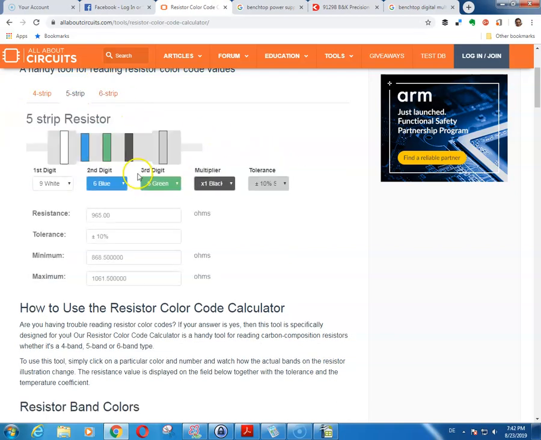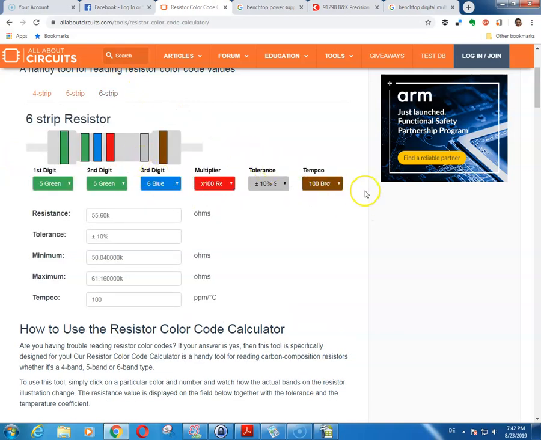But in addition to all that, in a 6-strip resistor you have this temperature coefficient at the end, which tells you the temperature coefficient of the resistor, for example 5, 10, 25, 15, 50, 100. Based on the data sheet, you can probably make sense of these numbers and know what to do with them. So that's basically that.